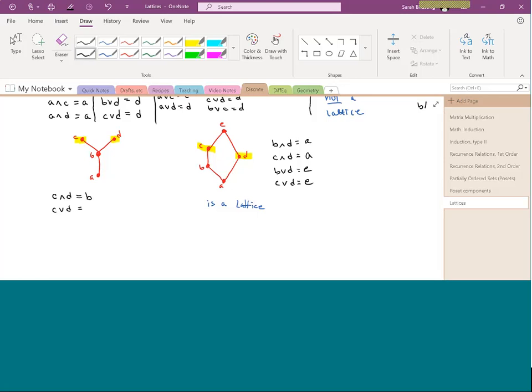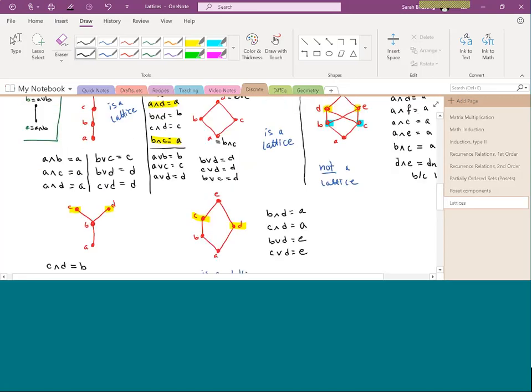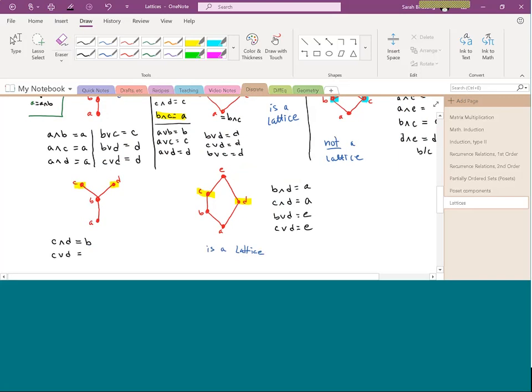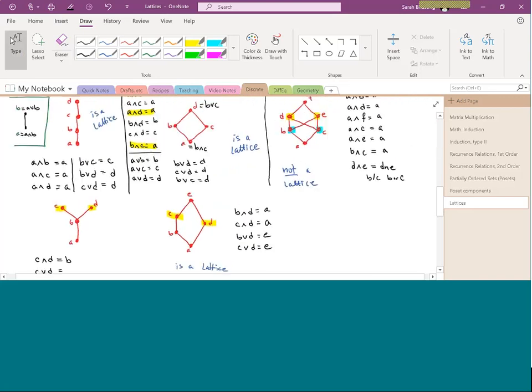All right. So it turns out in this case, this is another situation where you actually don't have a join. Just like before, when I don't think we had a meet last time, we didn't have a meet in this other poset that had the crisscross edges because there were two options. Well, that's a problem because you don't know which one to pick.